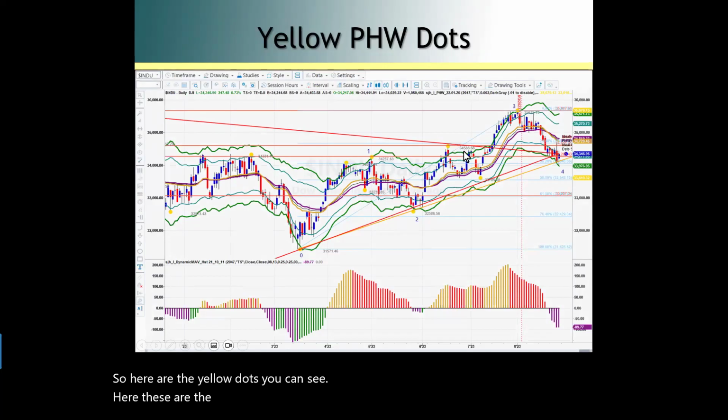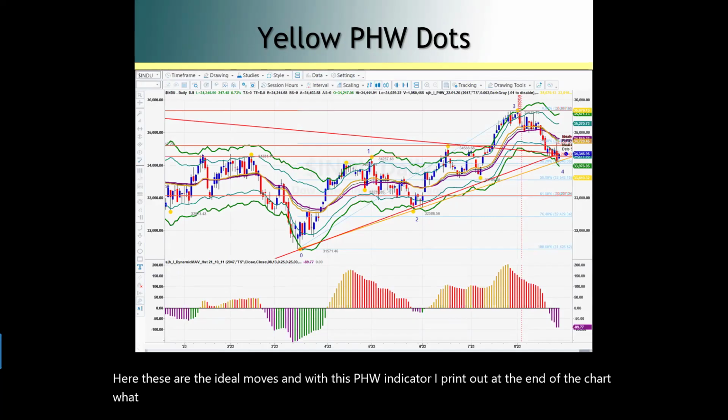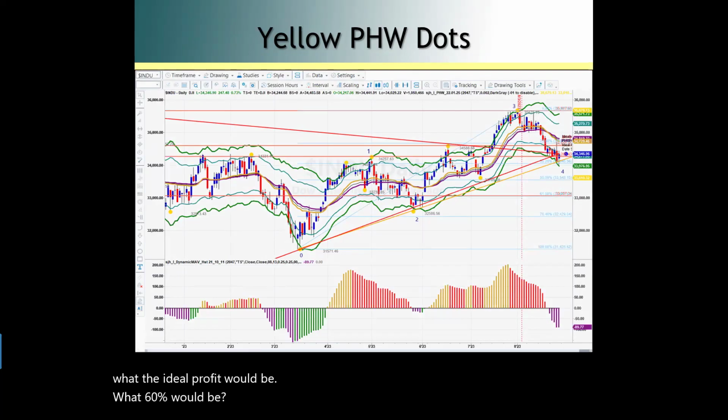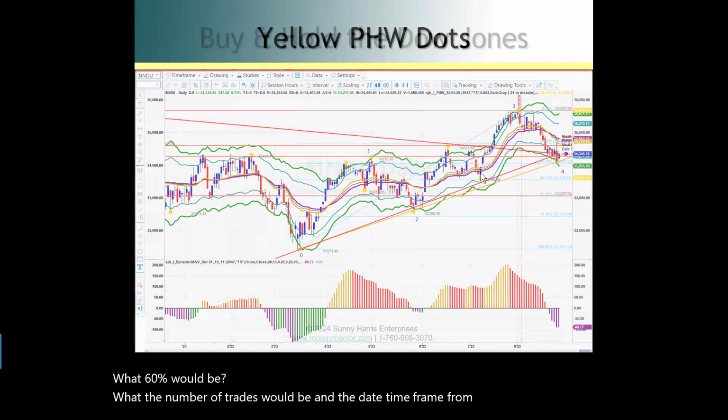And with this PHW indicator, I print out at the end of the chart what the ideal profit would be, what 60% would be, what the number of trades would be, and the date time frame from beginning to end of the chart.